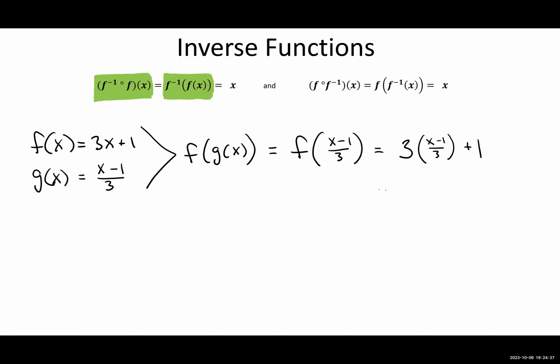plus 1, which would be, well, let's see, the 3's will cancel. Times 3 and divide by 3. So we get x minus 1 plus 1, and the minus 1 and the plus 1 cancel, and we get x, exactly x, positive 1x. No negative sign, no addition, subtraction, no multiplication, no division, just x by itself.